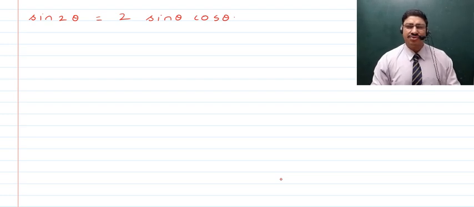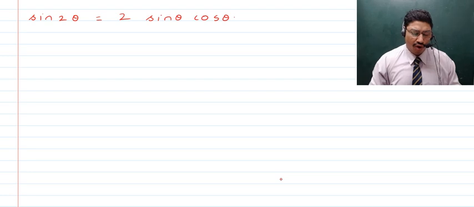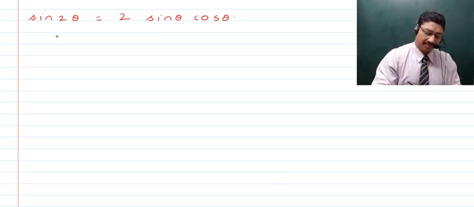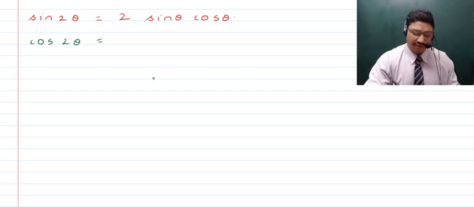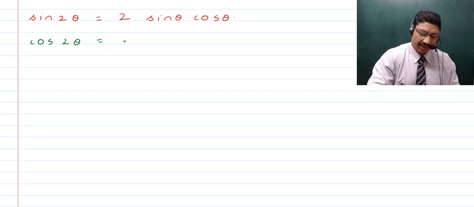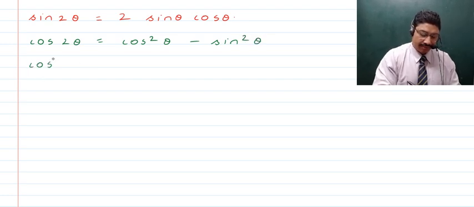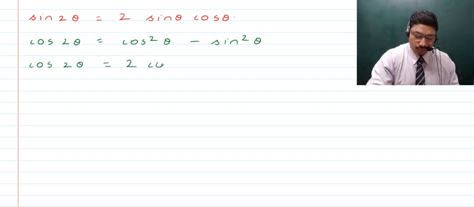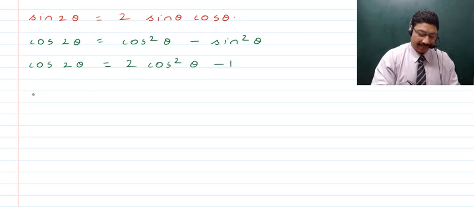Now, similarly, children, we also have formulae for cos. If we talk about cos 2 theta, then it is given by a few formulae. The first is we can write it to be cos square theta minus sine square theta. The next is that cos 2 theta can be written as 2 cos square theta minus 1.